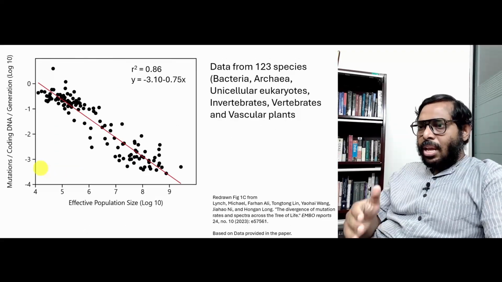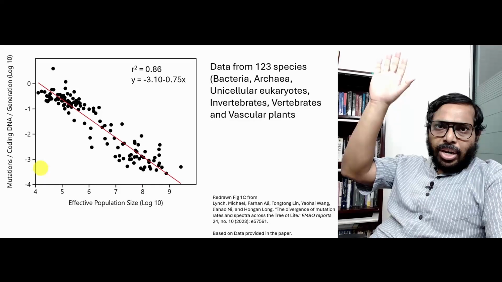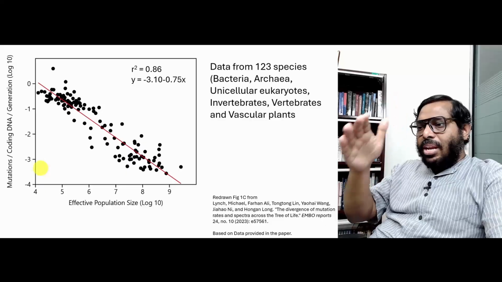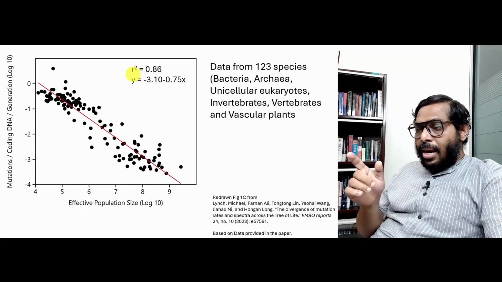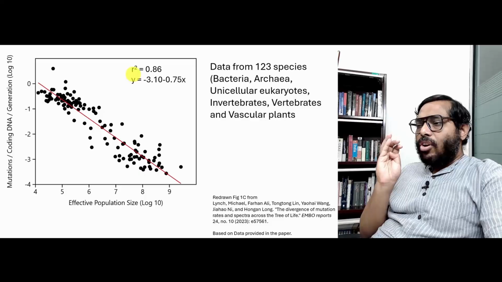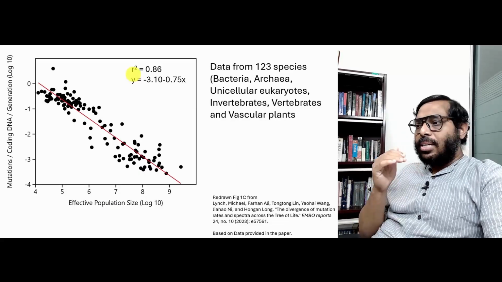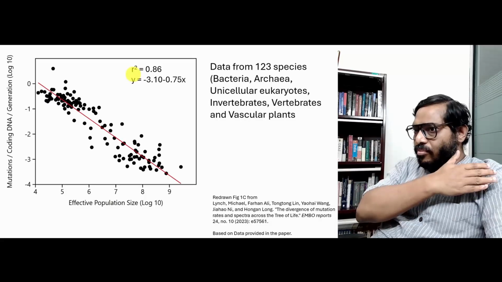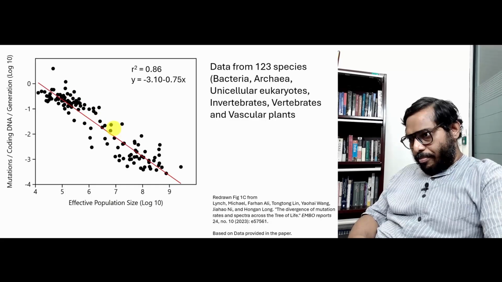When they plotted effective population size on the x axis and mutation rate on the y axis, you can see a very nice strong negative correlation with a pretty high R square of 0.86. This is data from 123 species ranging from bacteria to archaea to unicellular eukaryotes to invertebrates, vertebrates and vascular plants. That is a very broad coverage, and you can see that it is a very strong relationship.